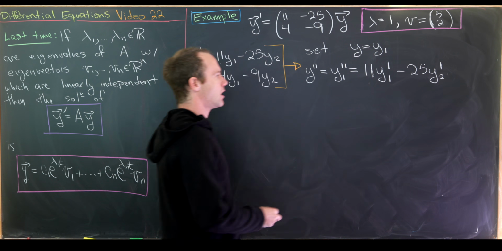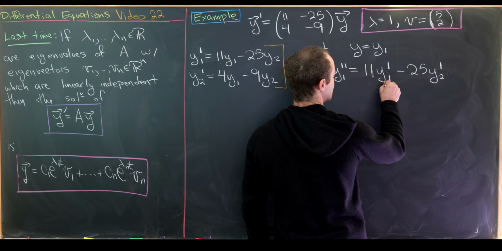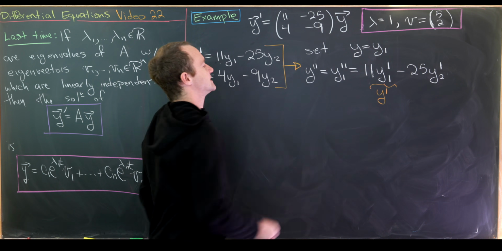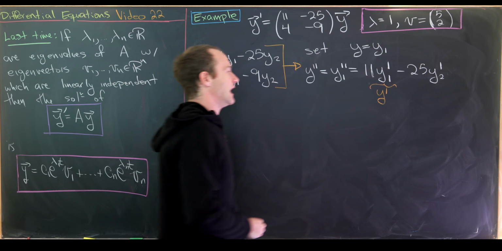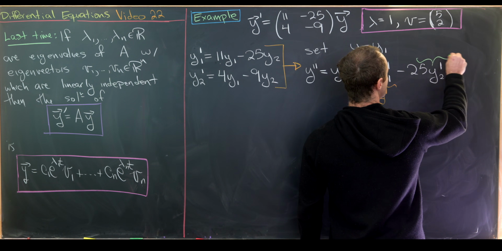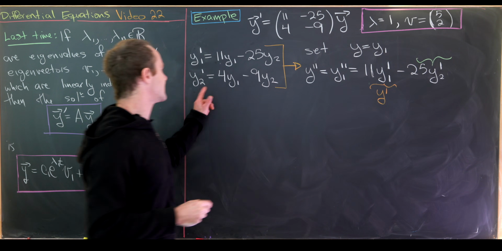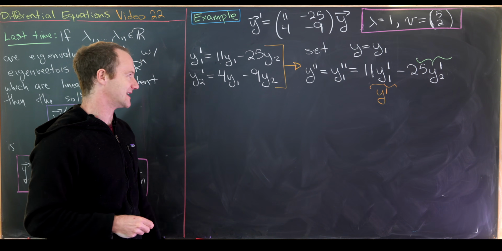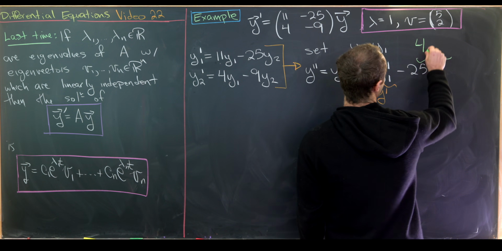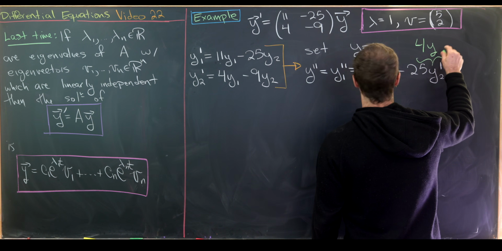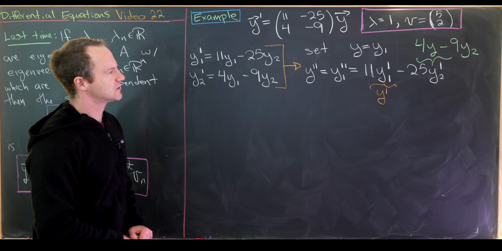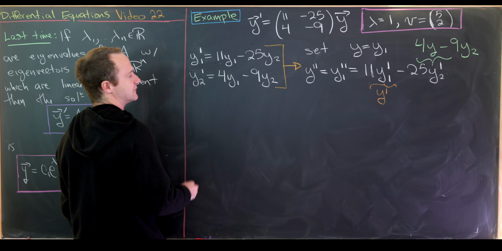But now let's recall that y1 prime can be rewritten as just plain old y prime based off that notation. And then next, y2 prime can be rewritten using our second differential equation. So that'll be 4y1, which we might as well write as 4y minus 9y2. Okay, so let's collect and see what we have so far.